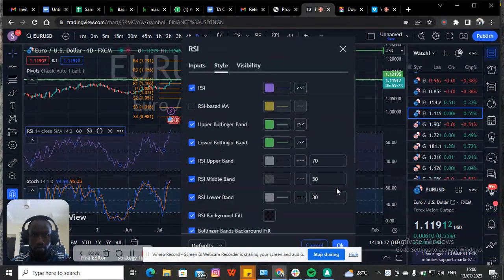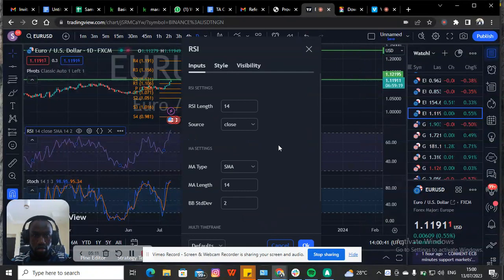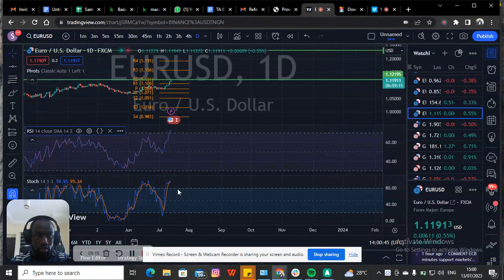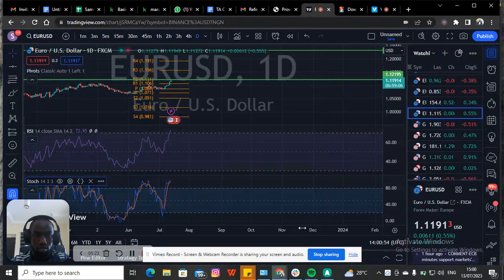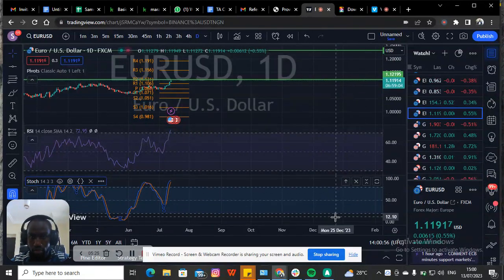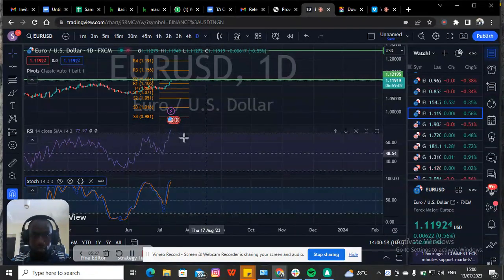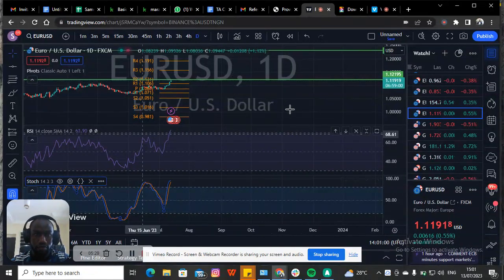Yeah, that works. Just keep everything simple and clear. My stochastics, I like to work with 14, 3, 3. 80, 20 levels, and 70, 30 levels for the RSI.